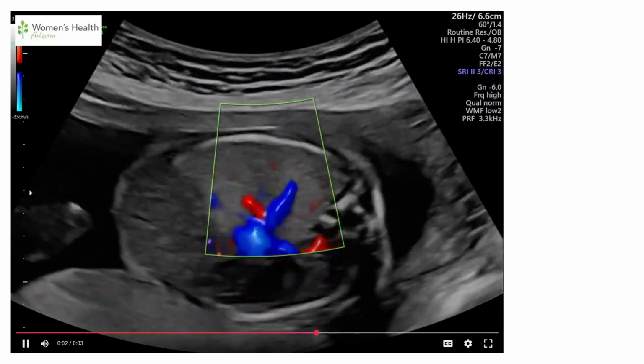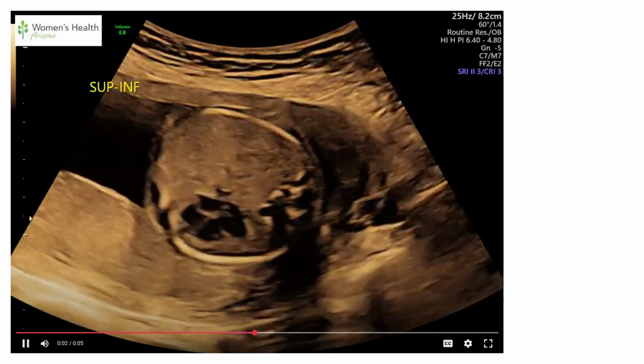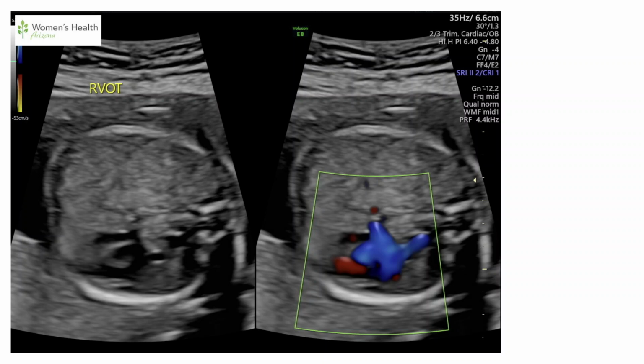This is just a sweep, also noting vasculature. And we can see the extent of this mass and the displacement of the heart in this video. This is a very limited heart view of the right ventricular outflow tract, and it's limited due to the mass.